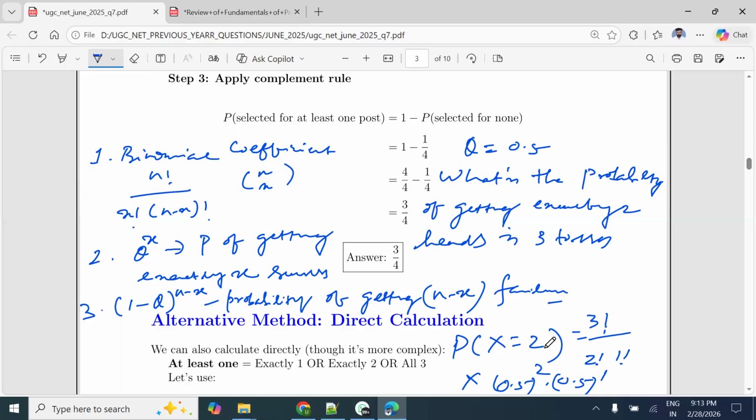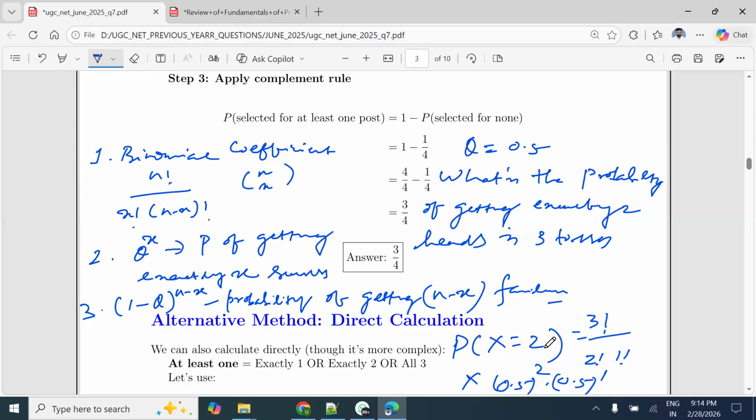We are saying the x value is 2, the probability of exactly getting 2 heads. In place of x we substitute the value 2. 2 factorial means 2 into 1, which is 2.